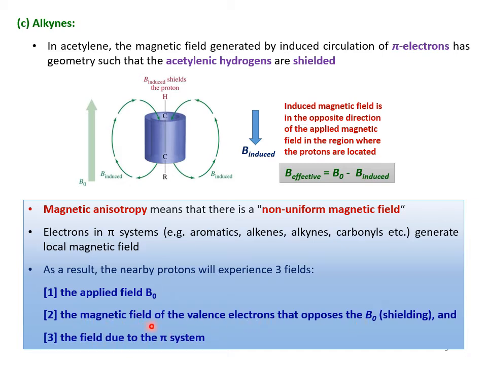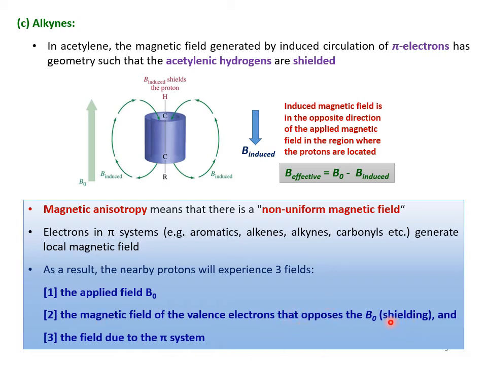The magnetic field generated by the valence electrons, or the sigma electrons, will always oppose the external magnetic field. It means the magnetic field generated by the sigma electrons will always shield the proton from the external magnetic field.